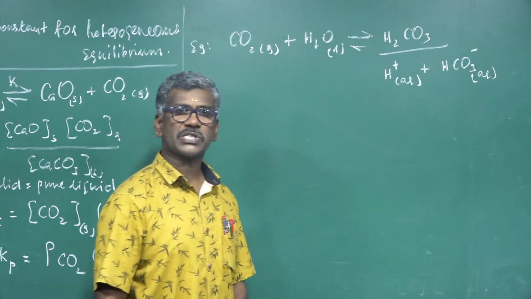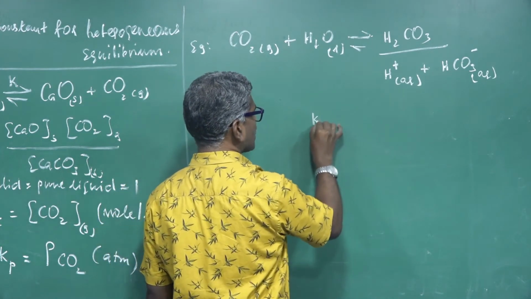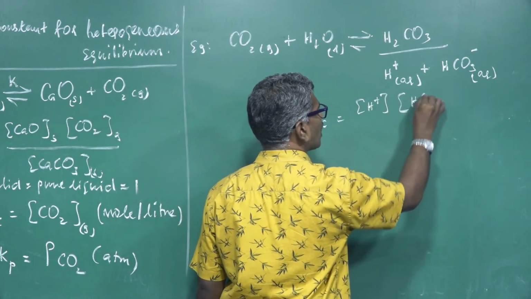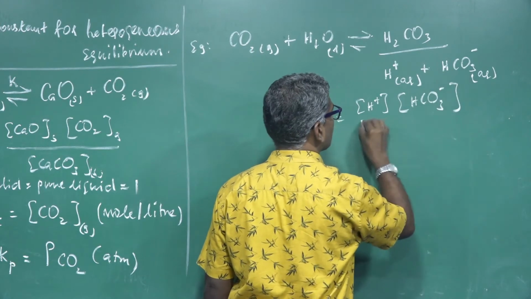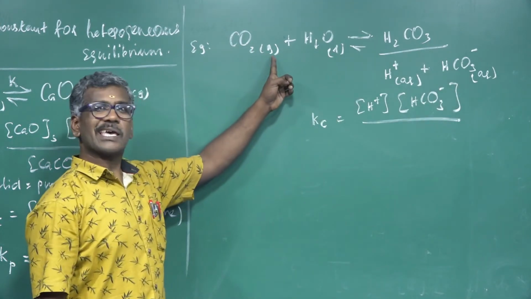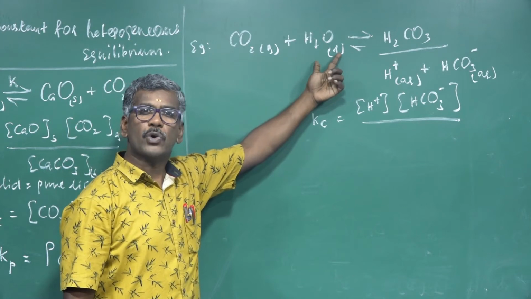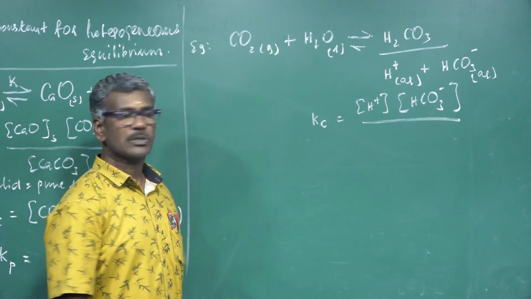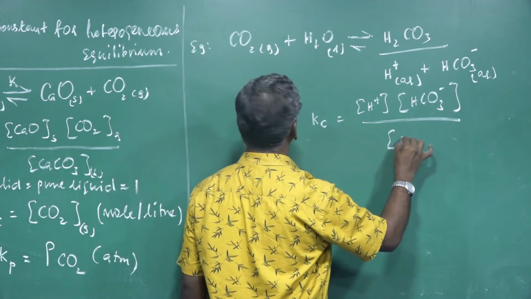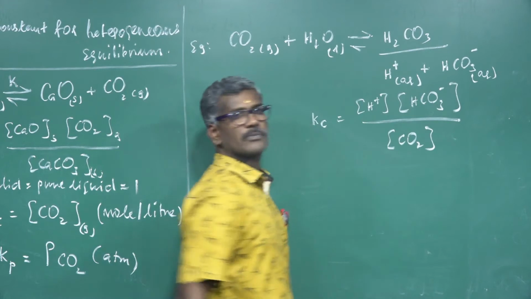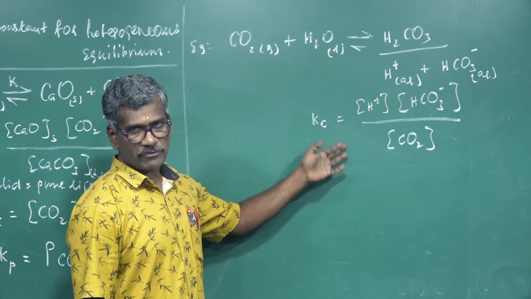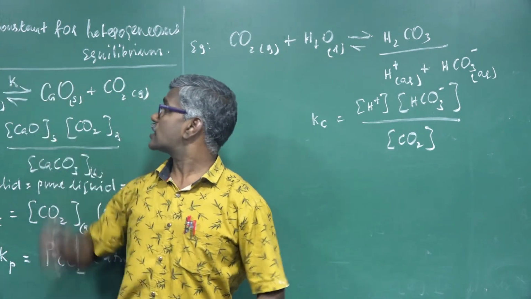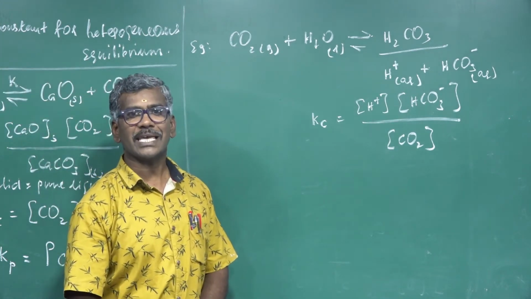By using this equation, how to write the Kc? Kc is the concentration of H plus in the aqueous and concentration of HCO3 minus aqueous, divided by, here, this one is a gaseous state, this one is a liquid state. Pure liquid state has unit activity 1 because it has its own active mass. So concentration of CO2 only. Likewise, partial pressure for this Kp. These are the equilibrium constants in terms of heterogeneous equilibrium.